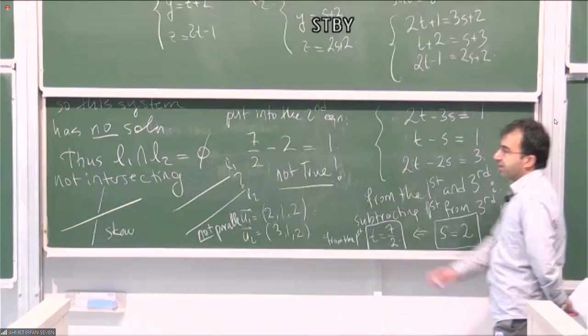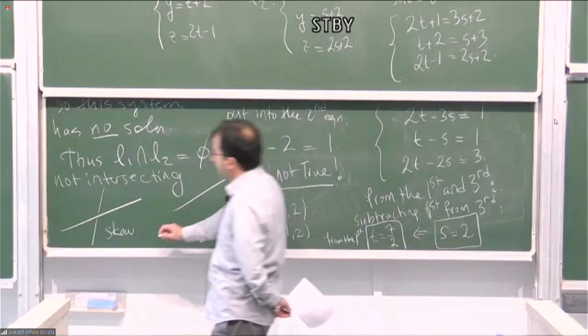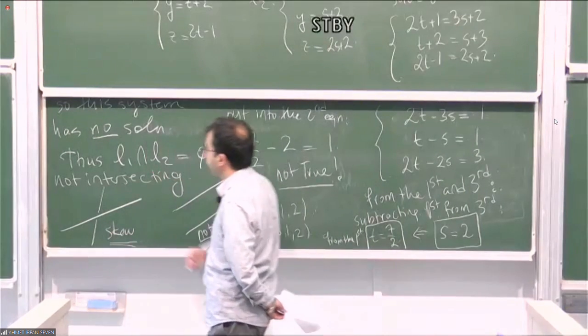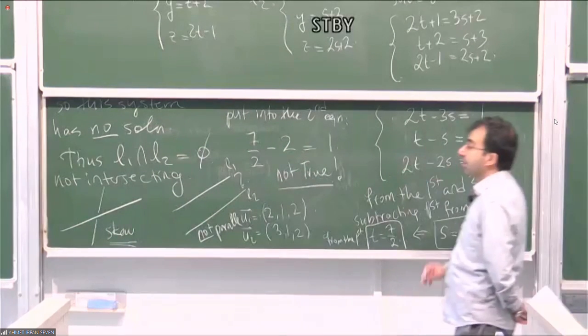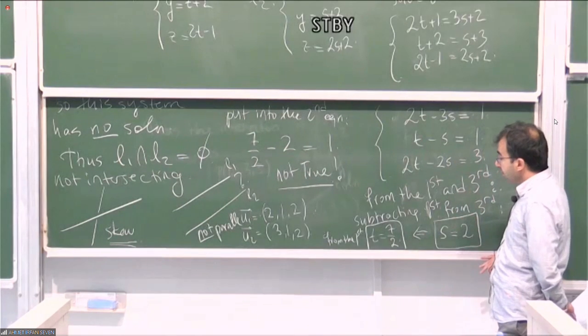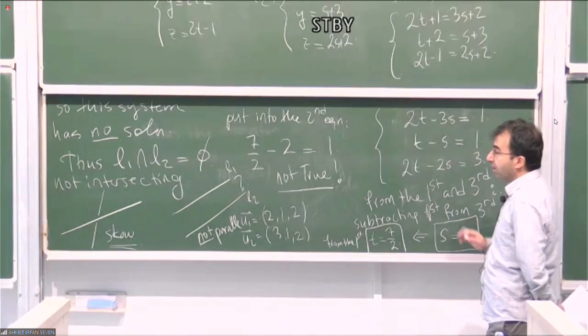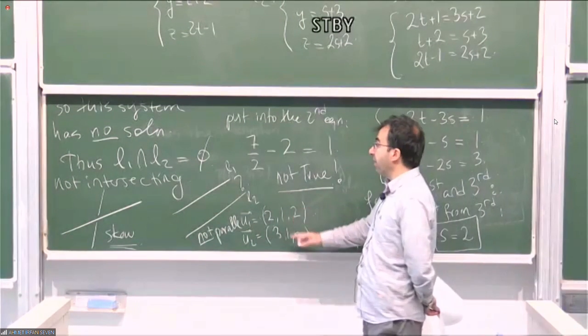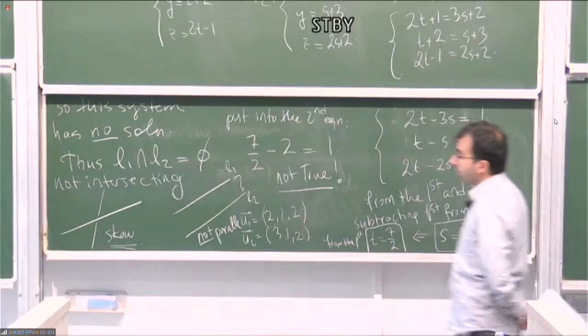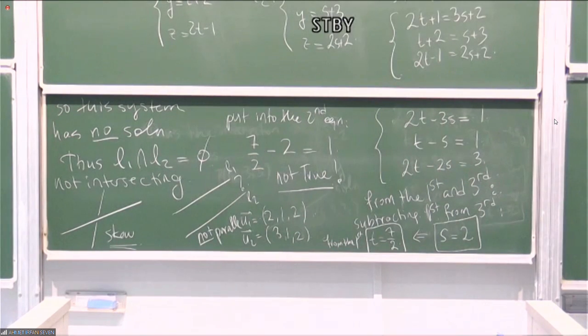So we are in this picture. These two lines are skew lines, because they are not intersecting, as we saw looking at this system, and they are not parallel, as we saw looking at the direction vectors. Any questions here?